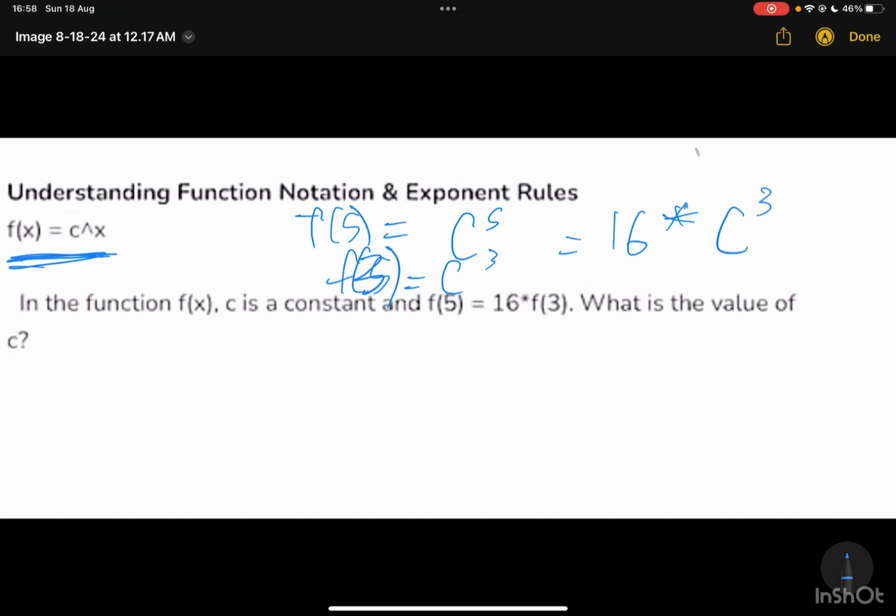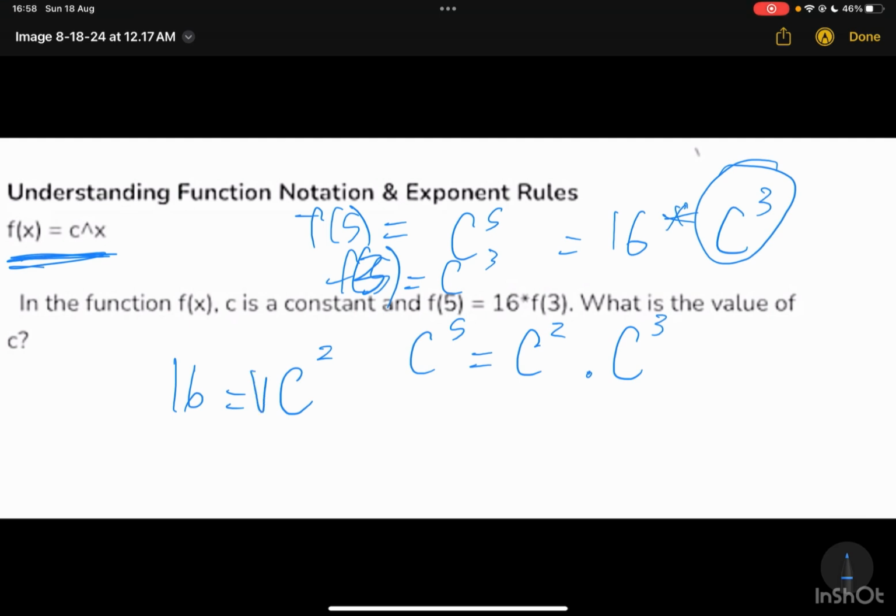So c to the power of 5, we already have c to the power of 3, so the other part will be c to the power of 2. So c to the power of 5 equals c to the power of 2 times c to the power of 3. So 16 is equal to c squared. We're going to square root this, we're going to have 4. So c is going to be 4.